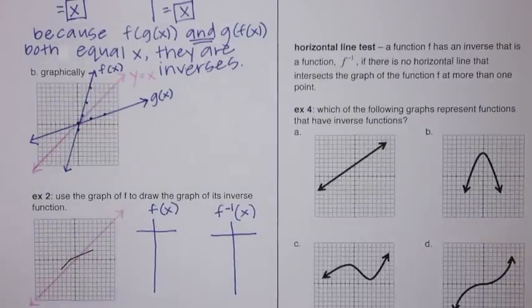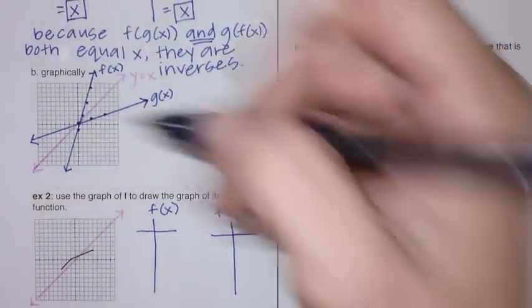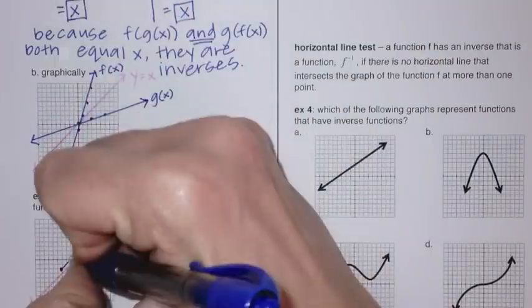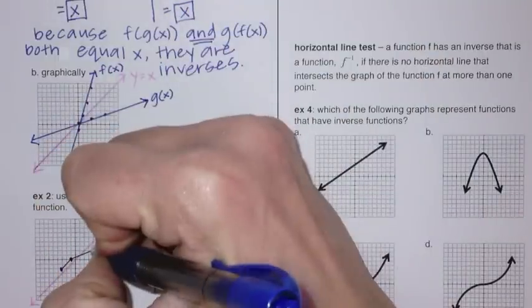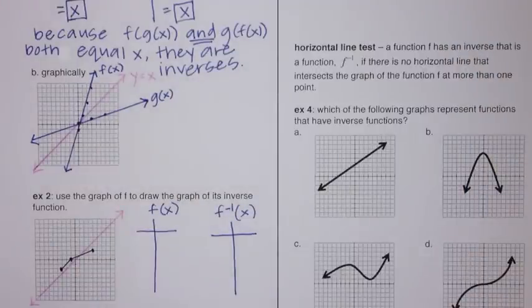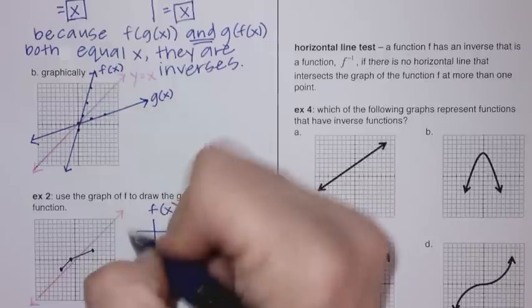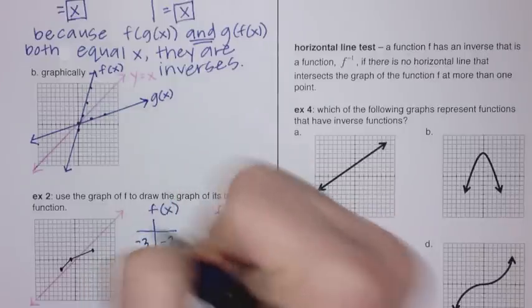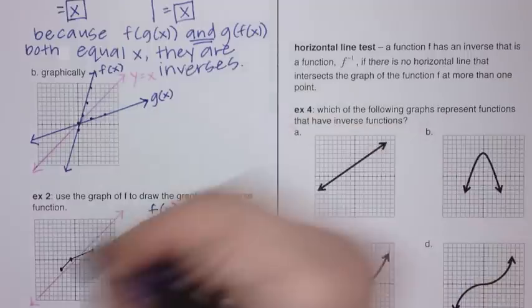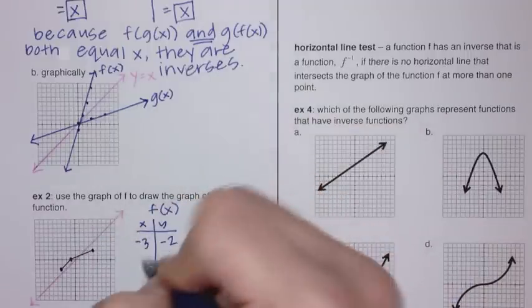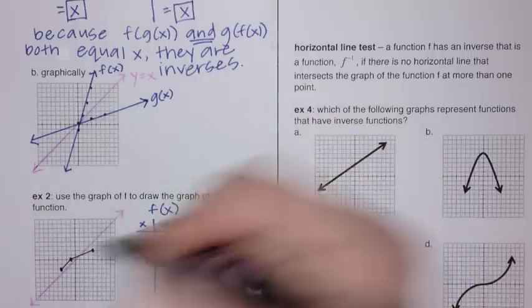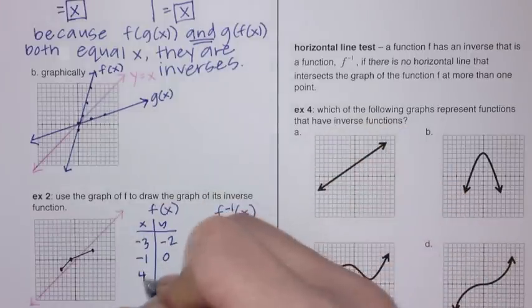What I'm going to do is actually use another one of the bullet points from up above. I'm just going to pick like two or maybe like 3 or 4 key points. So I'm going to pick those 3, and I have this first point is -3, -2. And then my next point would be -1, 0. And then that point right there is 4, 2.